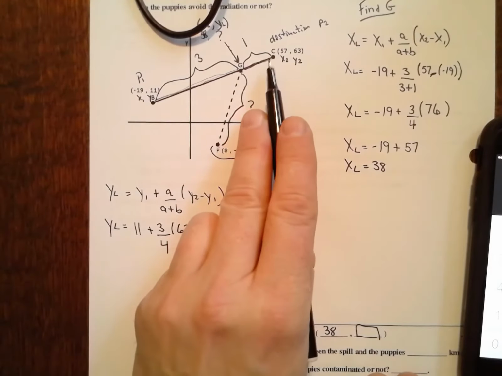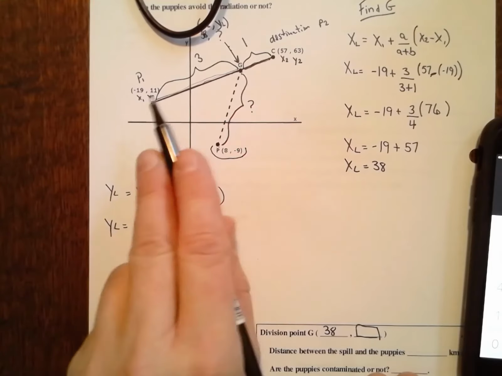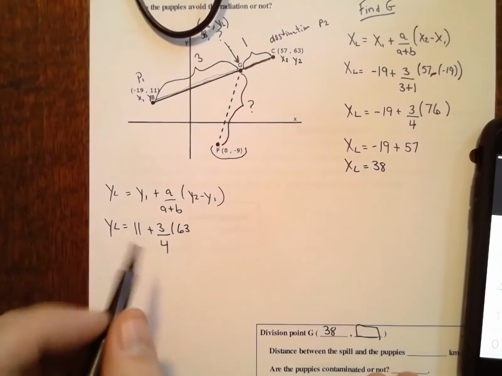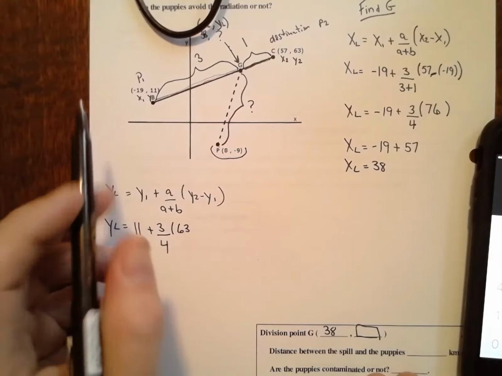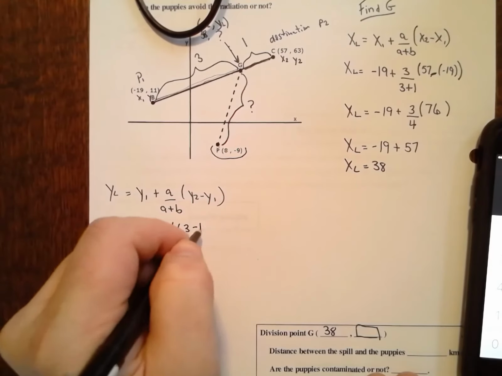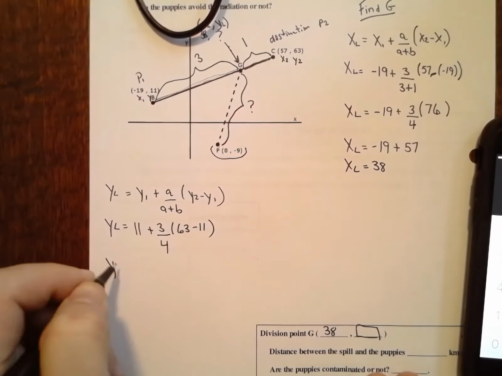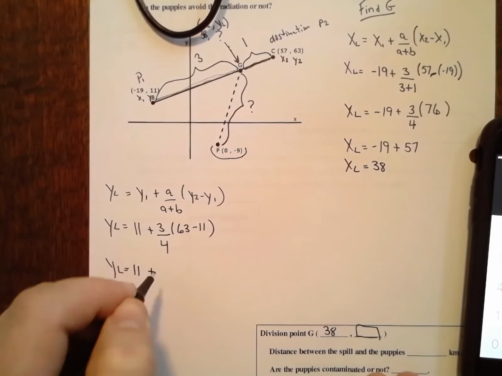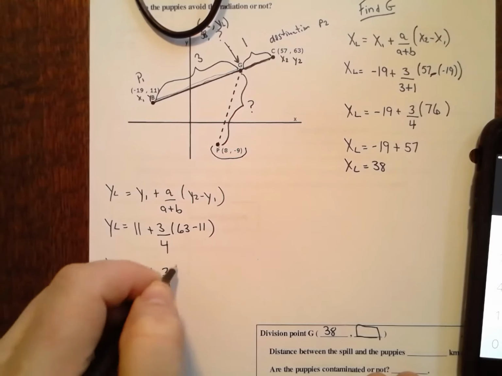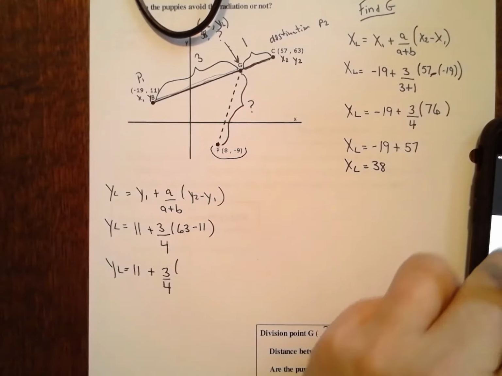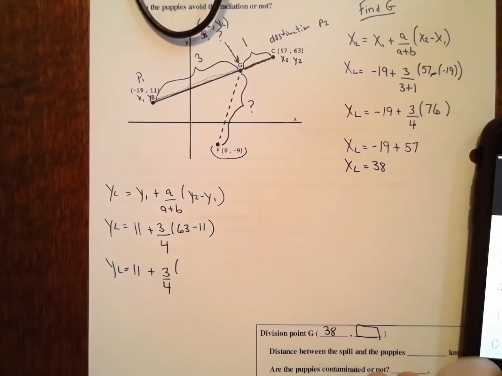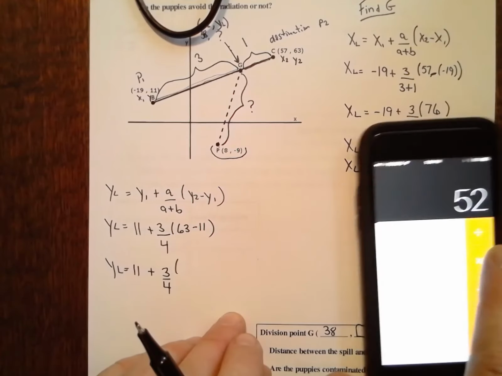Remember, that's where we were going, in between those 2 points, the starting point and the end point. 63 minus 11. So that becomes YL is equal to 11 plus, I'm just going to leave that 3/4 in there for now, and I'll simplify this. 63 minus 11, sorry about that, is 52.